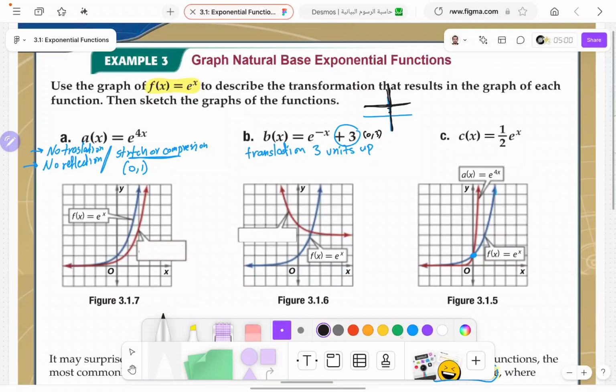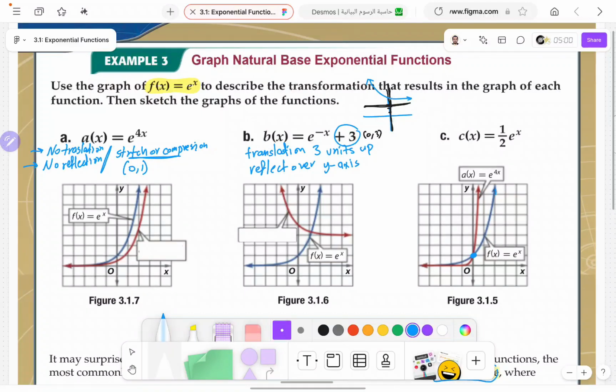Let's ignore the second one for now. As you can see, we also have negative for x, so we can say it is reflected over the y-axis. We know that the exponential graph always looks like this, but because it's reflected over the y-axis, the function should look like this.